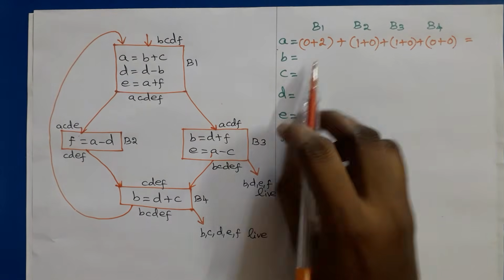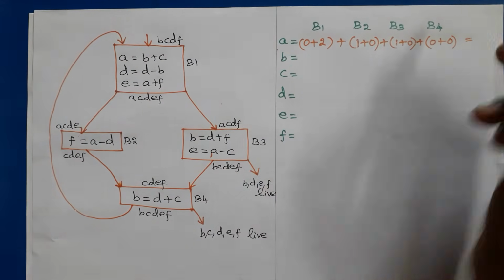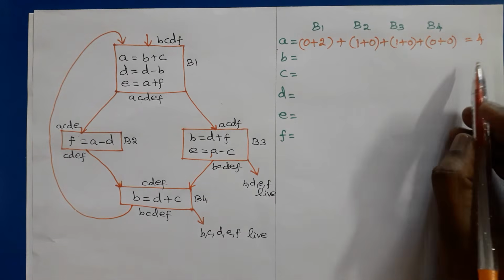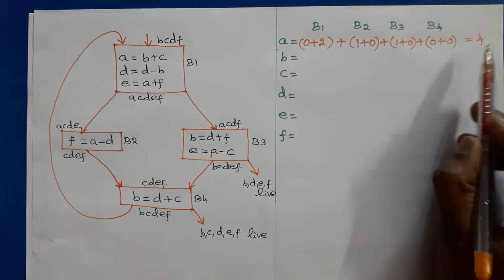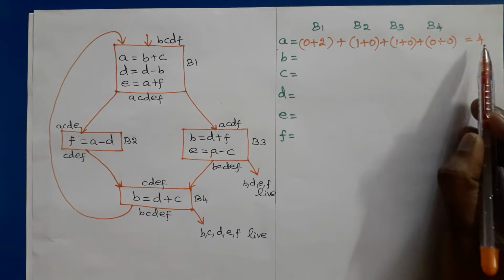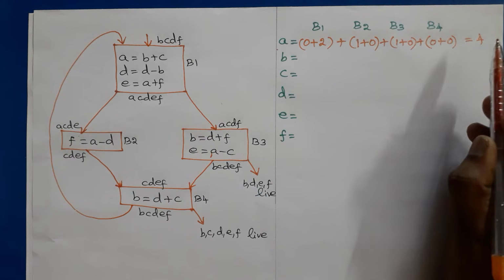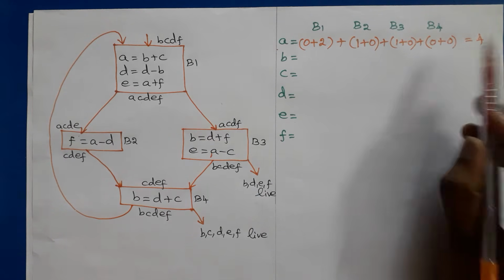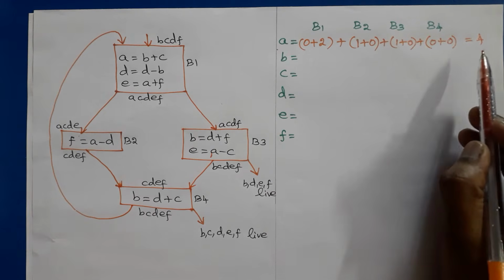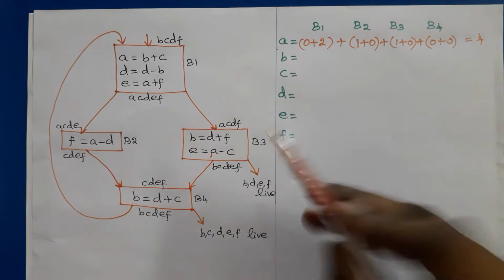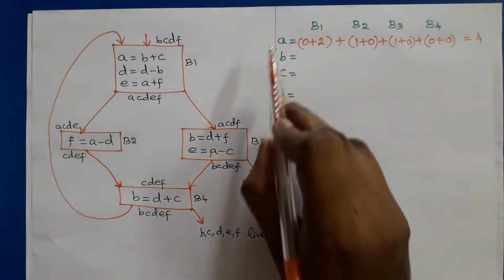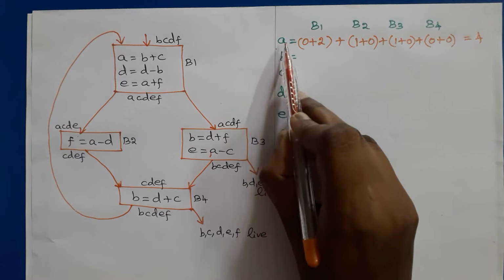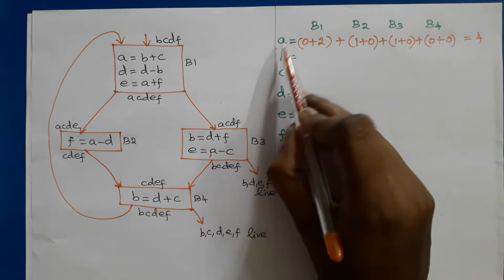So the total value is 4. The meaning is we can save 4 units of cost. 4 units of cost can be saved by selecting a for one of the global registers. So if we have 3 global registers, we can save 4 units of cost if we select a, if we store a in a register, if we assign a to a register.